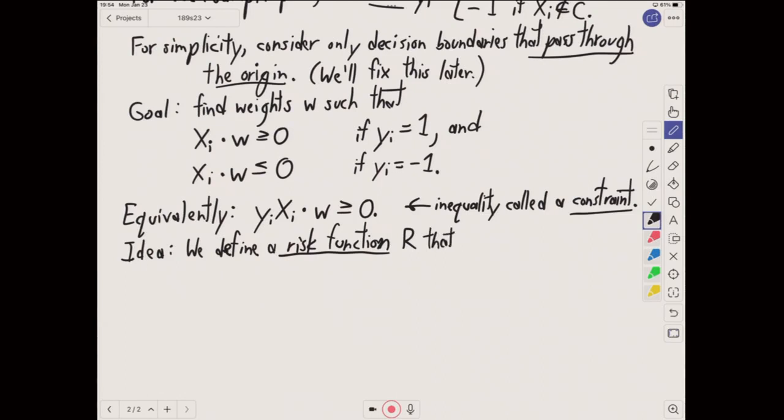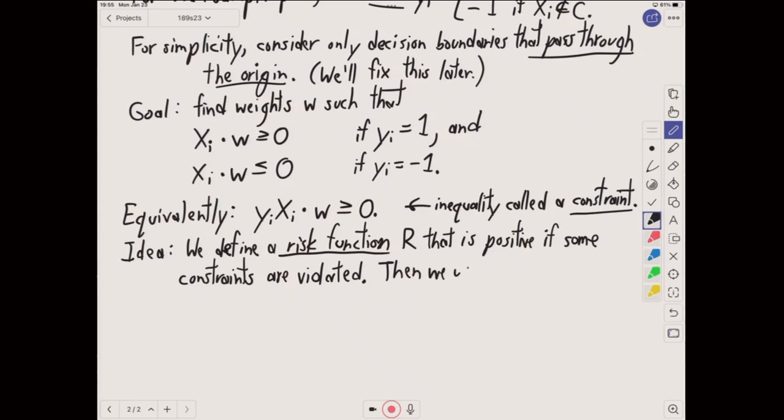The idea is that r is positive if some constraint is violated, whereas it has a value of 0 if every constraint is satisfied.